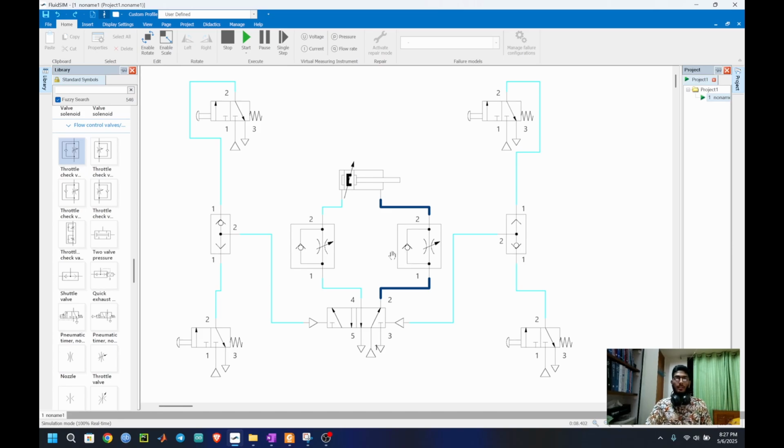First, let's restrict the flow. Only 13% will open. So from the inside, that's open and close. And from the outside, that's open and close. So this was the solution. I hope you got it. If you didn't understand any portion, please feel free to comment.